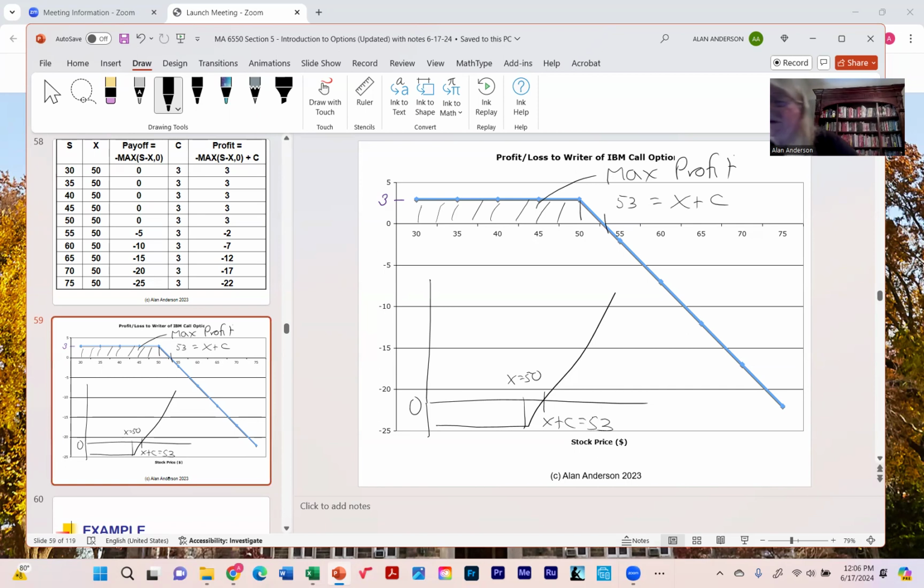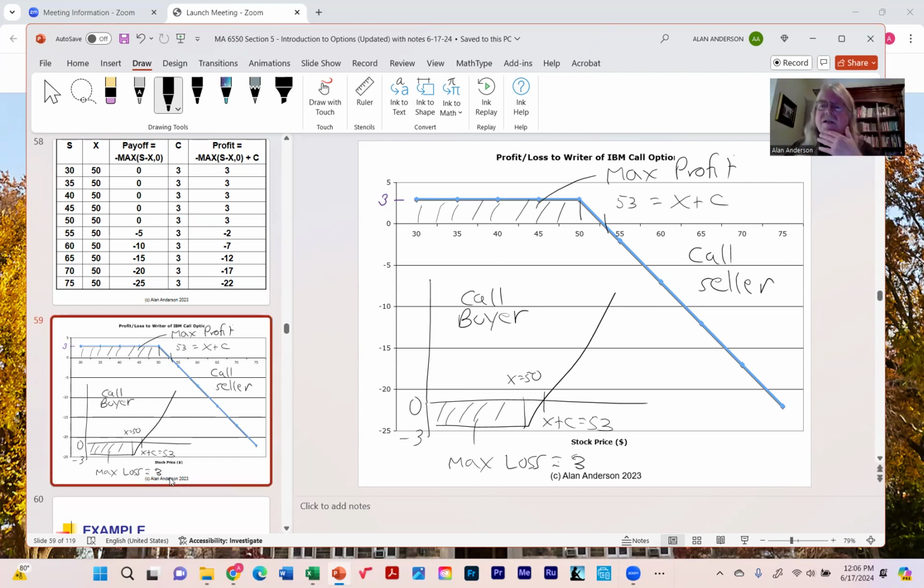There's the point where the graph starts turning up at 50, the strike price, and then the break-even point is 53. So here's our maximum loss, which is $3. And this is the call buyer. And this is the call seller. Again, once again, it's just been flipped upside down.